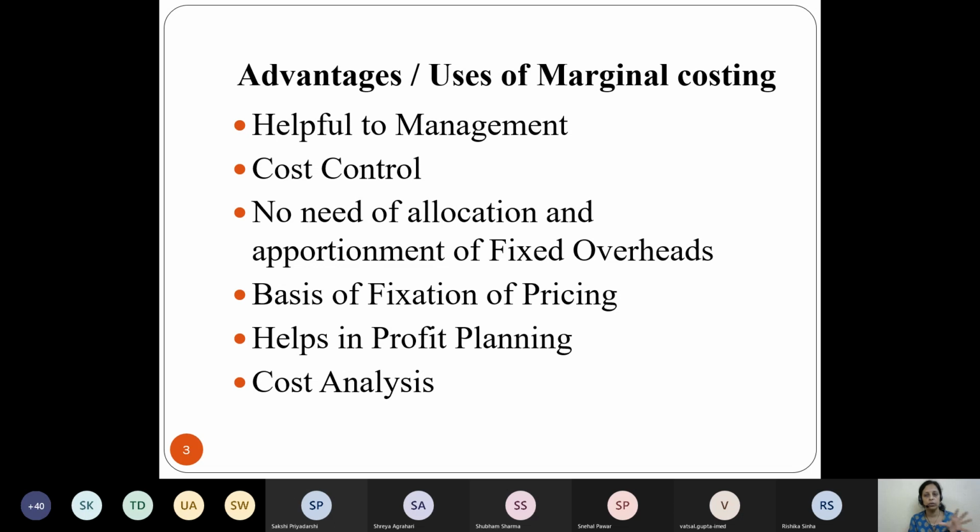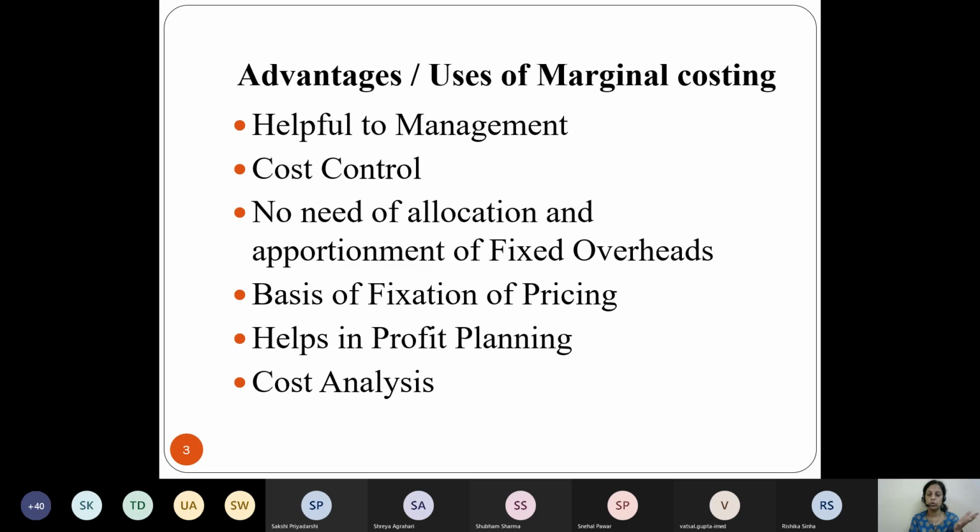As we are looking at the costs, there is a direct relation between variable cost, fixed cost and selling price. By using mathematical formulas, you can carry out cost volume profit analysis, which helps in profit planning. So that is again an important role that marginal costing plays.